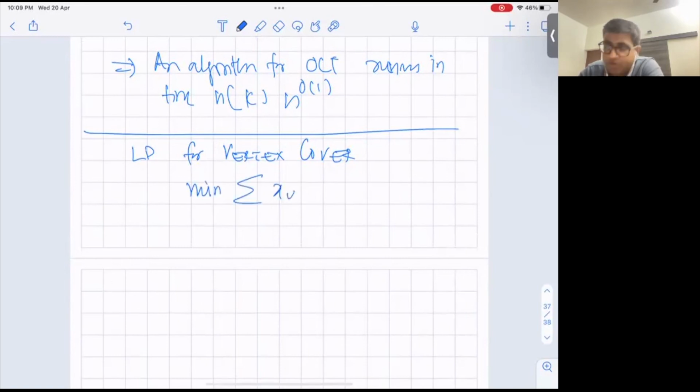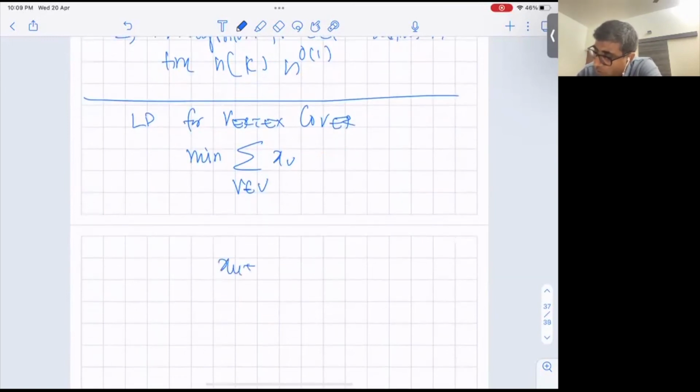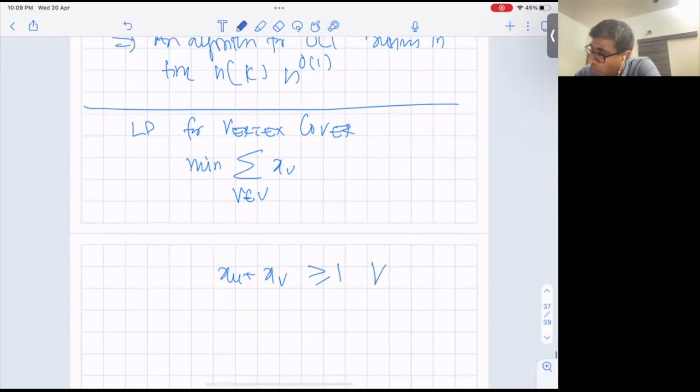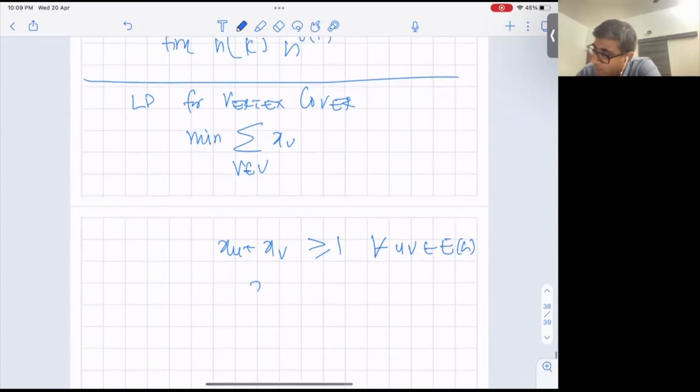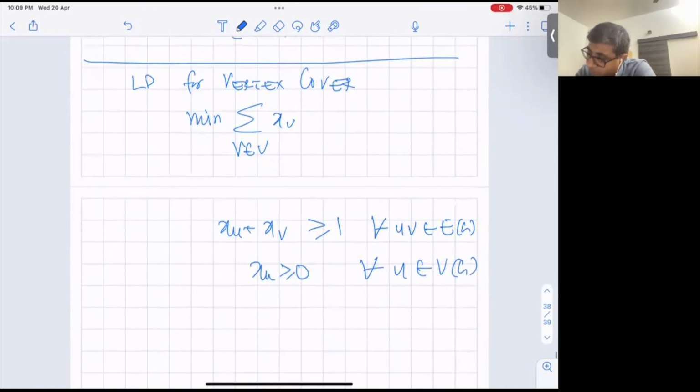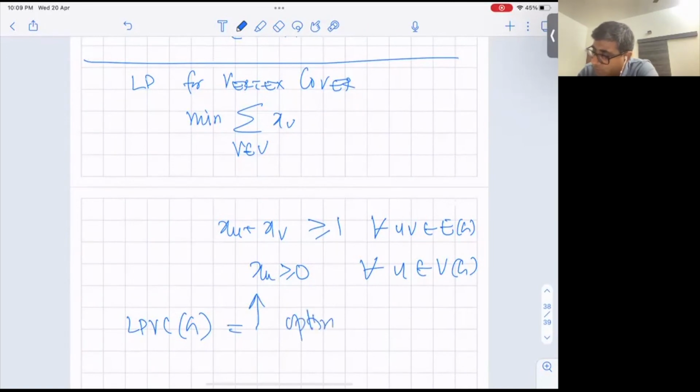Minimize the summation of xv over v, subject to xu plus xv greater than or equal to 1 for all uv in my graph which are edges, and xu greater than or equal to 0 for all u in the vertex set of G. Let LPVC of G be the optimum value of this.